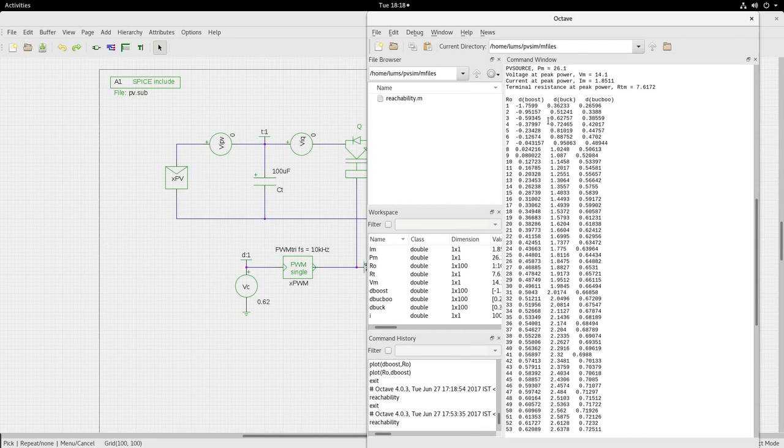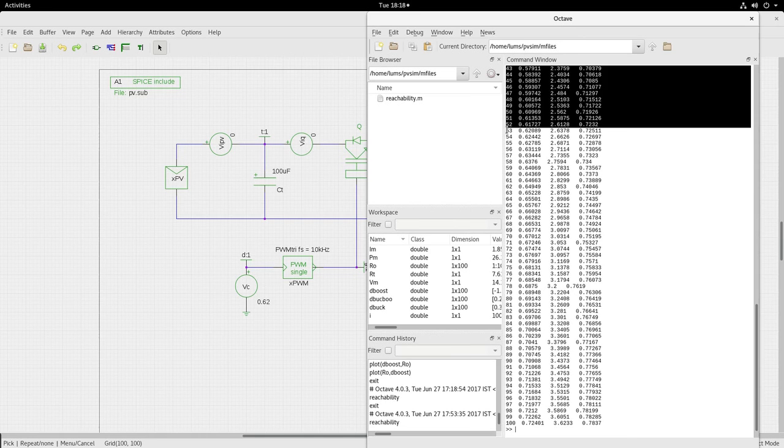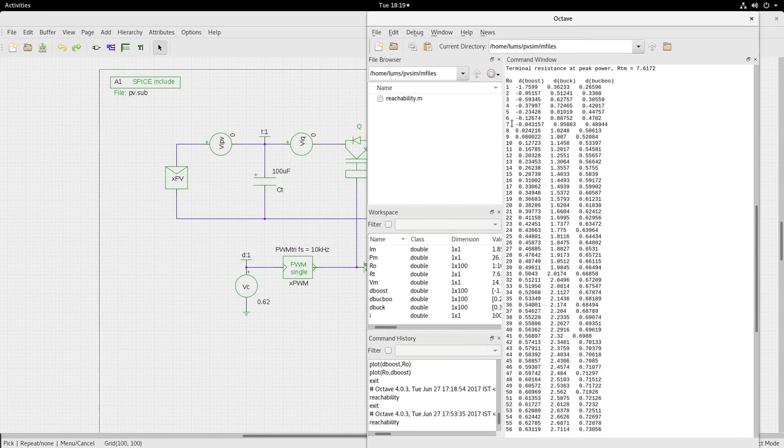So you will see here, for the value of R0 5 ohms, the duty cycle for the buck converter is 0.81. For the boost converter it is an invalid duty cycle, can't use it. For the buck converter, it is 0.81. So that will work out to be 0.62: 0.81 into 2 minus 1, which is 0.62.